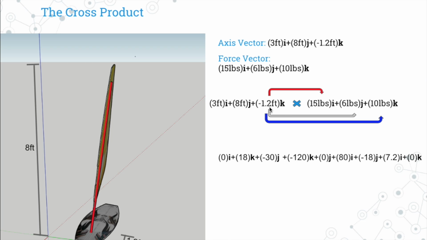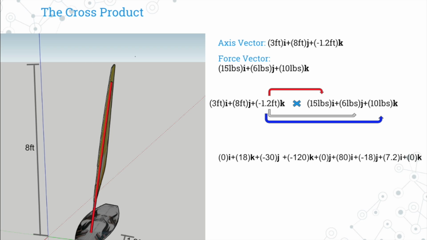Then when we multiply 1.2 times 6, we get 7.2. When we have a negative k direction and a positive j direction, we get a positive I direction. And again, when we multiply the two k's, those come out to be equaling 0. So when we look at this equation, we see that there's some common terms here, and so we can combine these common terms.